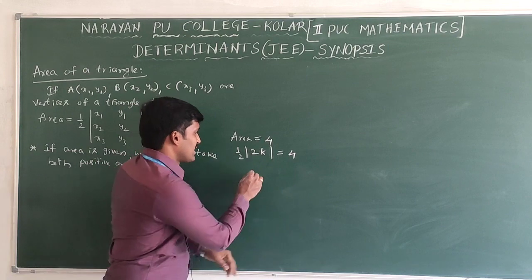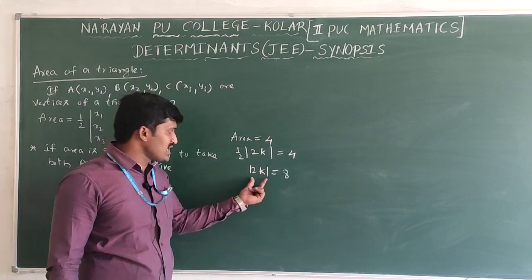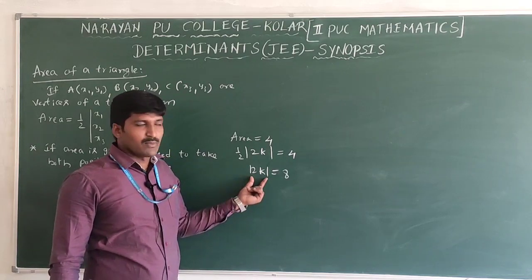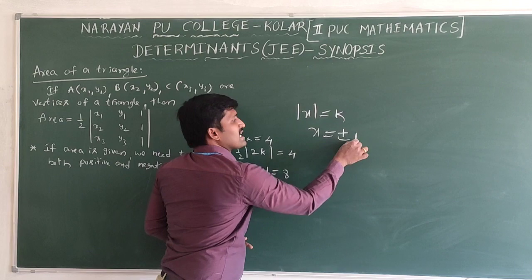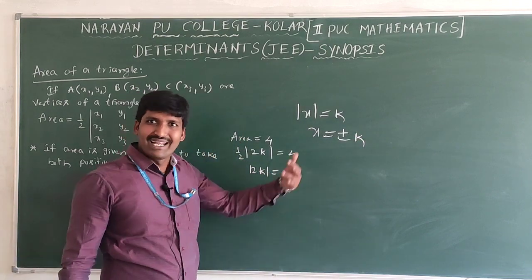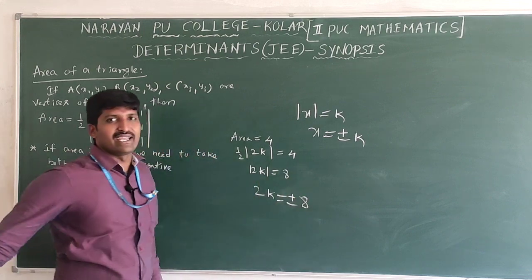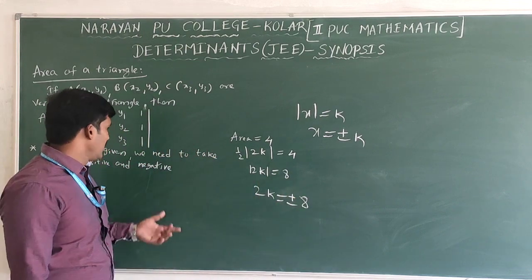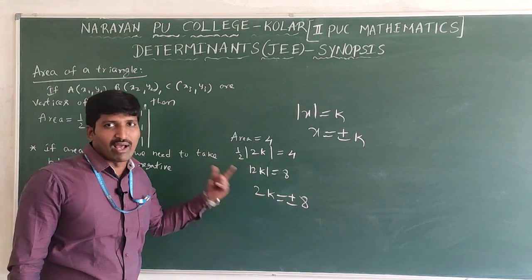Now to take that side, mod of 2k equal to 8. To simplify this, we need to remove this modulus. Because mod x equal to some k means x can be either plus or minus, either positive or negative. That's why 2k becomes both plus or minus 8. So when the area is given, we need to take both positive and negative to find the unknown value.